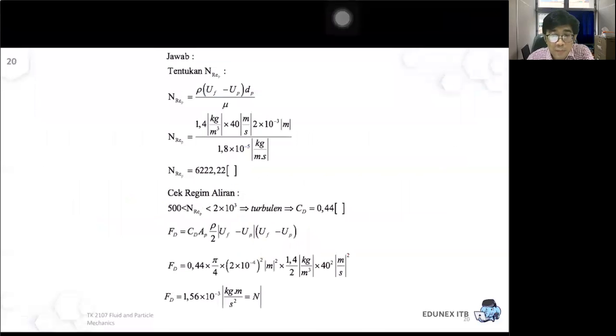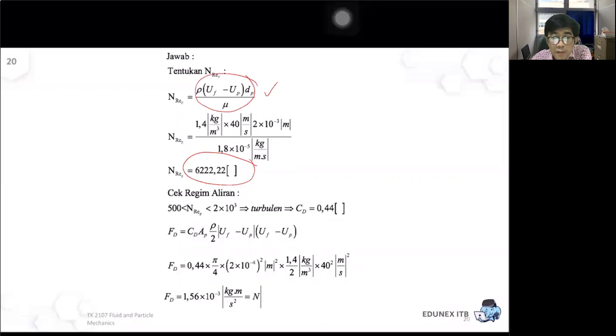So first, please calculate the Reynolds number. The Reynolds number of the particle can be calculated by using this formula. Please check whether the result is correct. Make sure all the units are already the same.